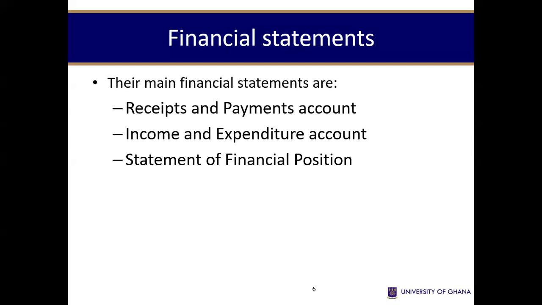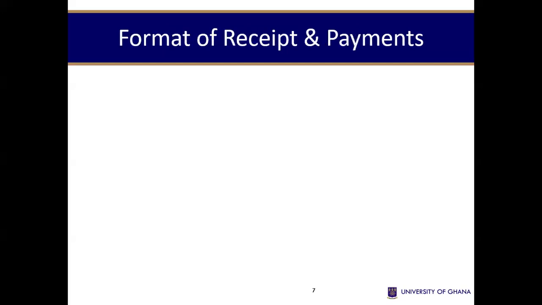And then, of course, we have the statement of financial position, which will show details of all assets, all liabilities, and then the components that relate to the non-profit organization. Now, because a non-profit organization doesn't exist to make profits, we do not have the owner's equity. Okay, we refer to that as the accumulated fund, and we'll come to that shortly.